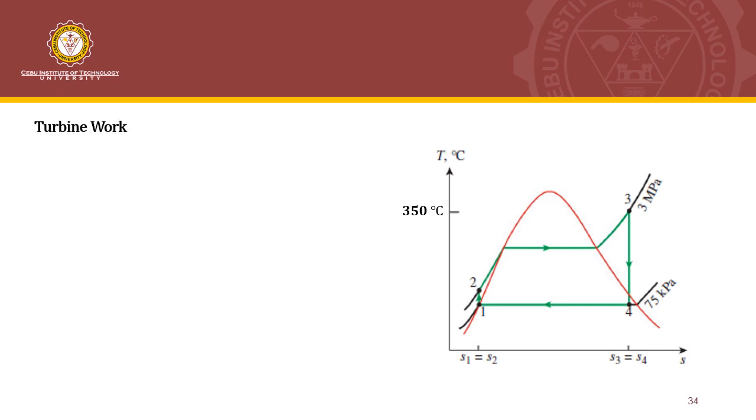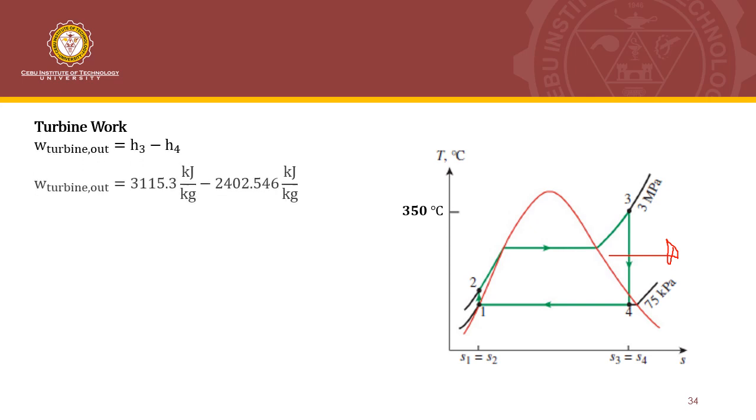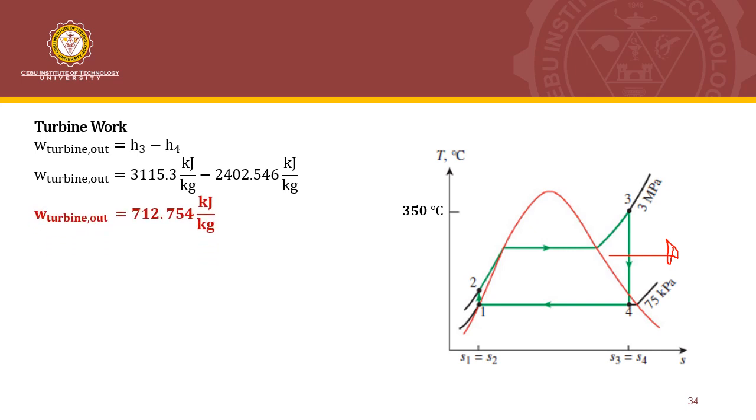For the turbine work, or the work turbine output, that is just the difference between the enthalpy of 3 and 4. So that is H3 minus H4. Substituting the values of H3 and H4, we can get the work turbine output as 712.754 kilojoules per kilogram.